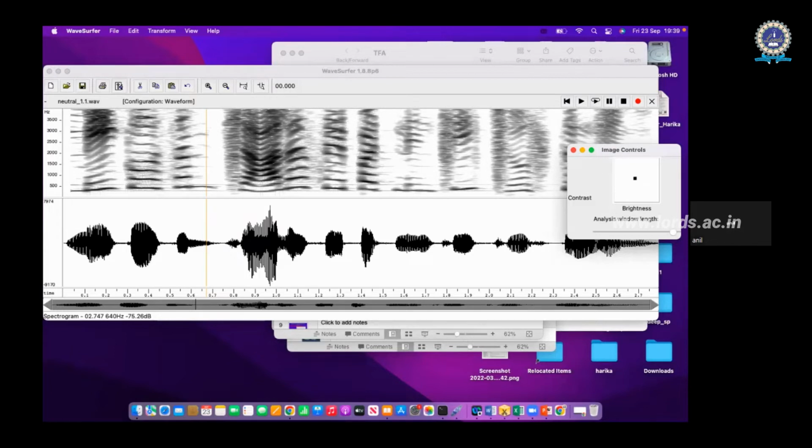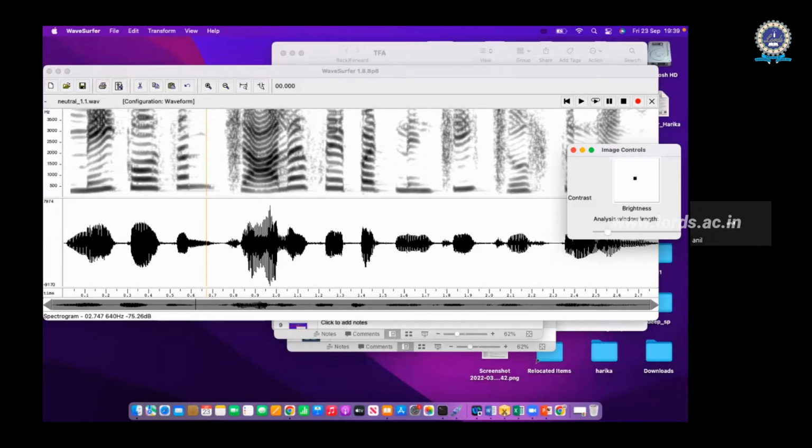But if I change the window to a narrow window, the advantage is that I may not see all the frequencies present, but I can see at what time what frequencies are there. That is called time resolution. Time resolution is good if I take a narrow window, and frequency resolution won't be good.